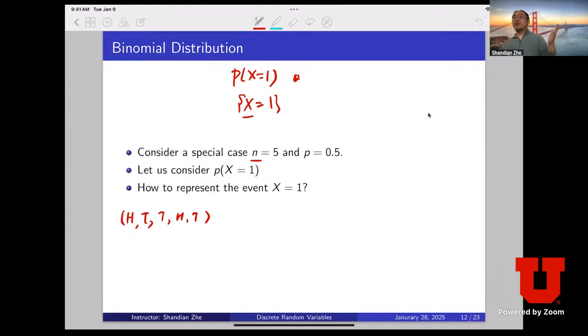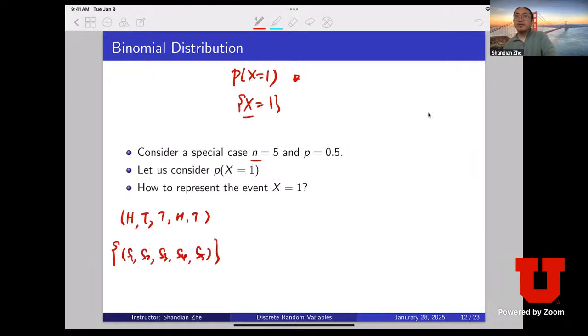5 outcomes give 1 element in the sample space, right? If you write it in a more formal way, your sample space should be something like this: S1, S2, S3, S4, S5.